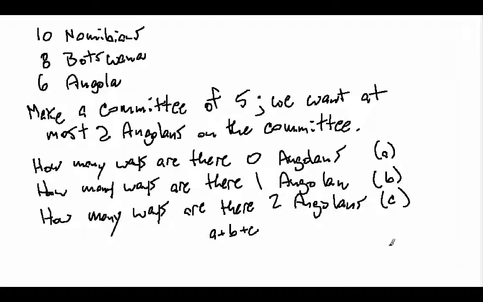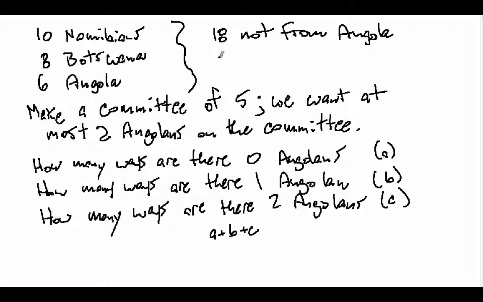Everybody follow that? Now, it turns out here to say that there are people from Namibia, there are people from Botswana, and there are people from Angola, when all I am really putting a restriction on is the number of Angolans. This really has very little to do with the people from Botswana or Namibia. So we could actually rewrite this, and we could say that there are 18 people not from Angola.